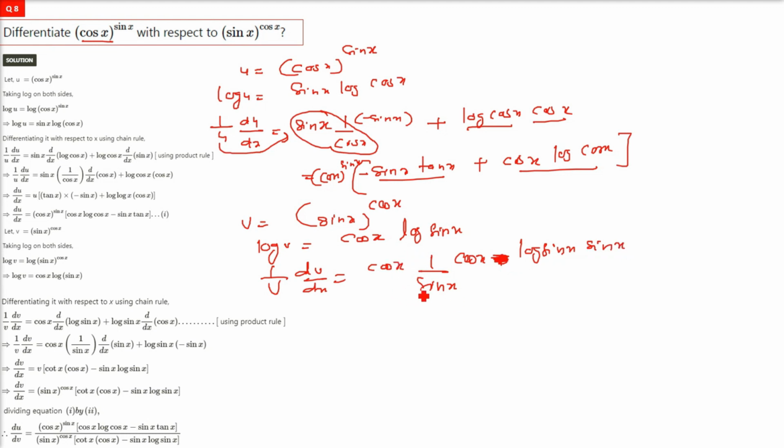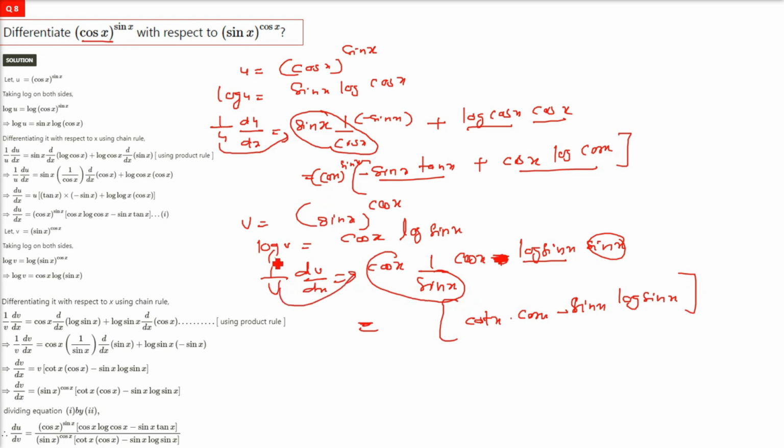Now you can again use this. Cos by sine, previously sin x by cos x we took as tan x, cos x by sin x as cot x. So cot x cos x minus sin x log sin x. So log sin x, it will create confusion. So always take the sin x in front. So sin x log sin x. And v will go on the right.